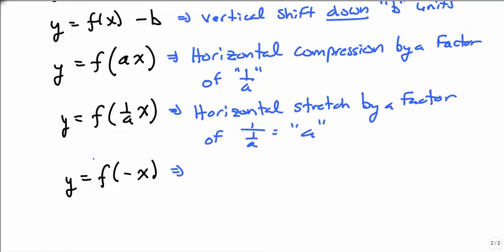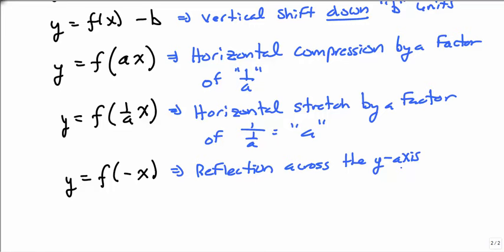When the negative is on the inside of the argument, it would be a reflection across, not the x-axis like the other one, but the y-axis. So everything that's to the right flips left, and everything that's to the left flips right. So reflection across the y-axis.